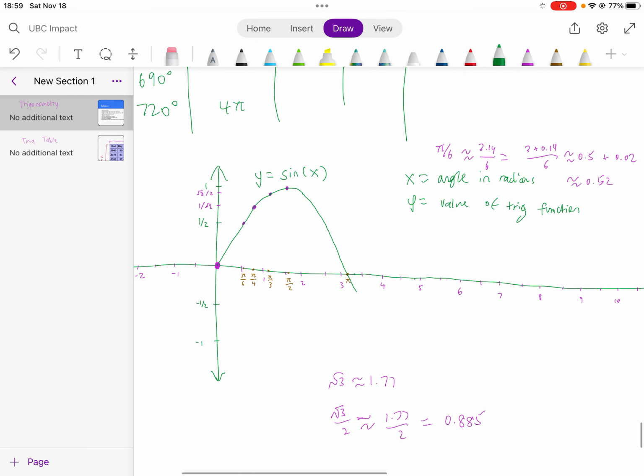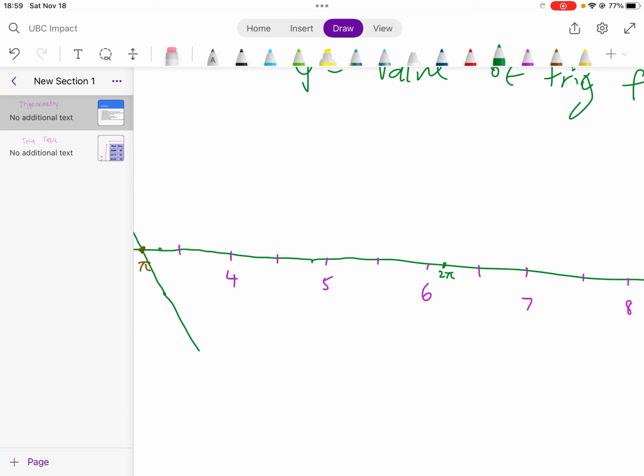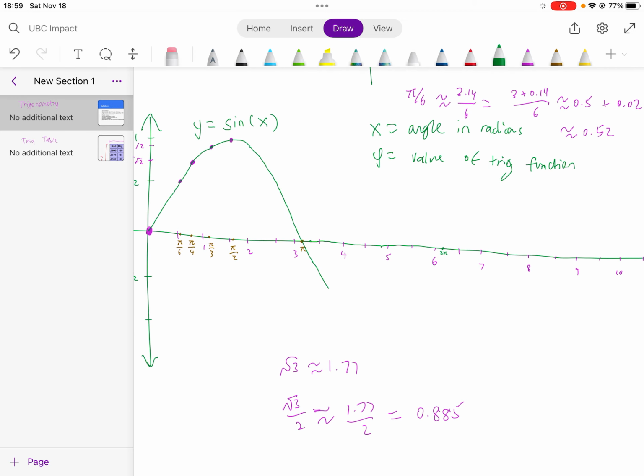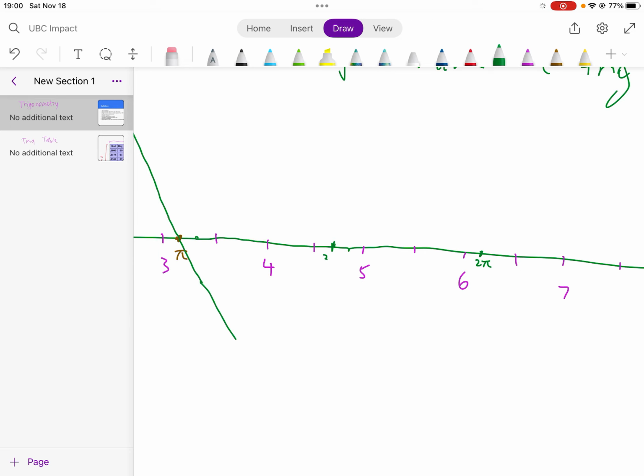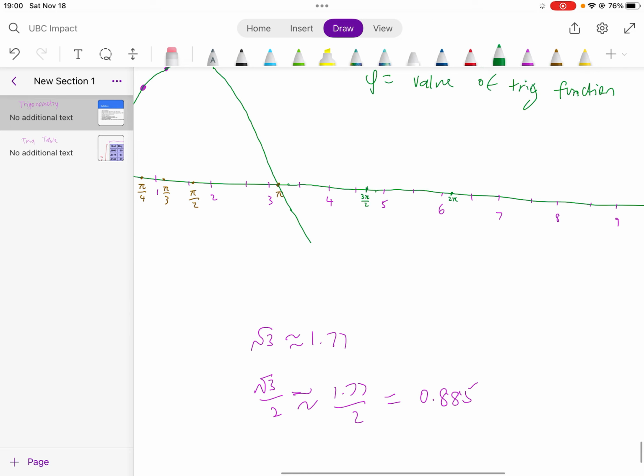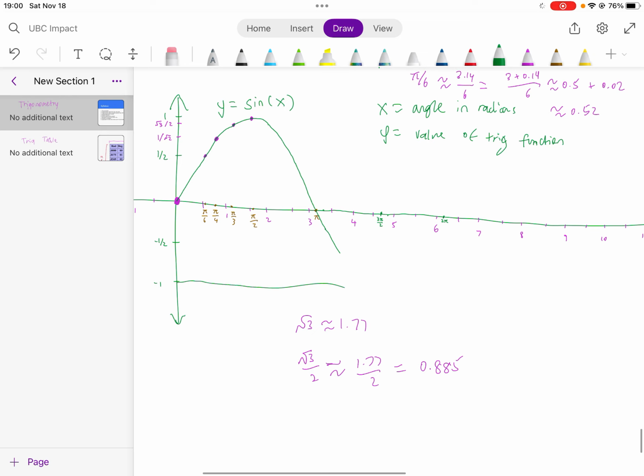And essentially at 2 pi, which is right here, this here is about 2 pi. It goes first down to about 3 pi over 2, so 1.5 pi. And so 1.5 pi is somewhere like here. It's like 3 pi over 2. So at this point, it goes down to -1. That would be this point right here.